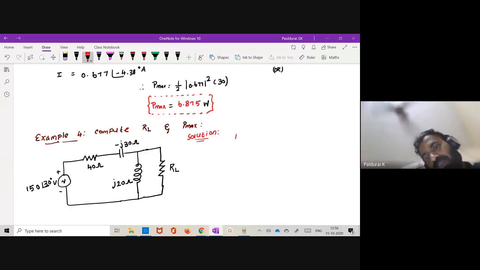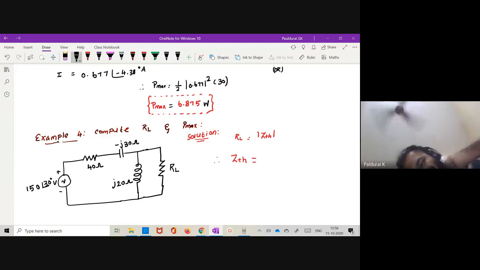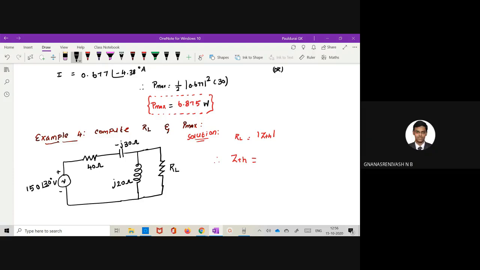Let me know the final answer about RL, that is the mod of ZTH. Therefore, what is my ZTH? Please calculate ZTH by yourself. It's very simple. What is the equation for ZTH? 40 minus J30 in parallel with J20.